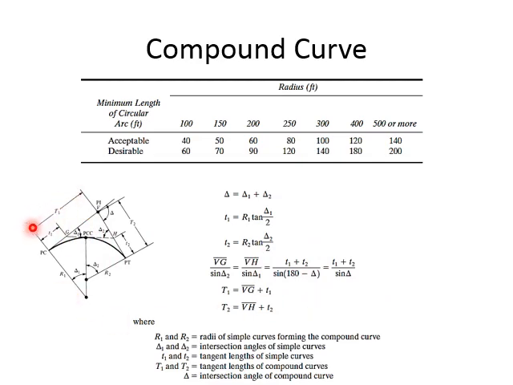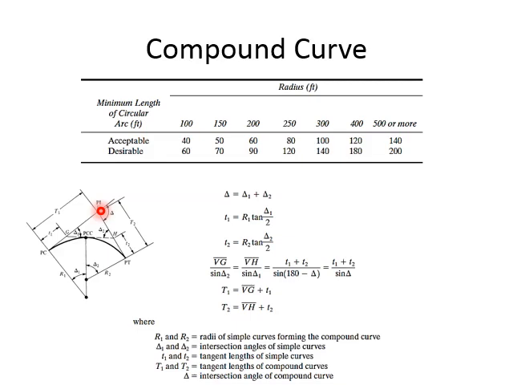Then if you need T1 here, which is the distance between PC and PI, you have small t1 here plus this distance, the remaining distance. So T1 is the tangent of the first curve plus the remaining distance, which is between point G and V, where V is PI.